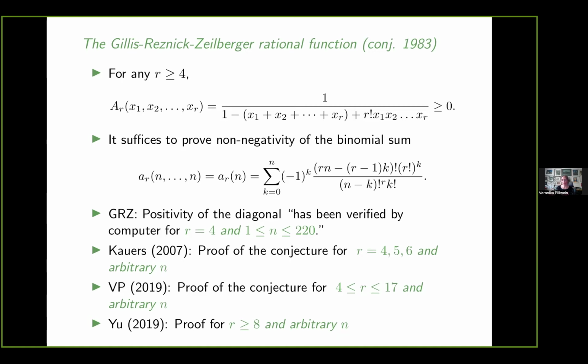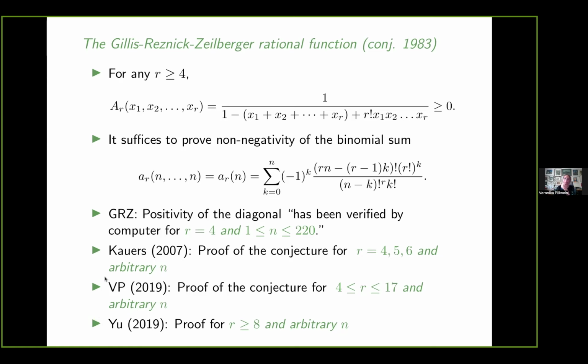So then I stopped at r equals 17 because, yeah, at some point you have to stop. You cannot go on forever. You cannot obviously show using this method for all r. It has been proven for all r by Xu in 2019, but as far as I know, this is still just a preprint. So I'm very sure that the paper is correct, but I haven't seen it published yet.